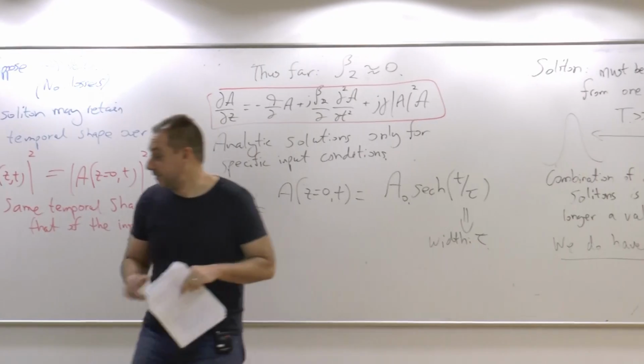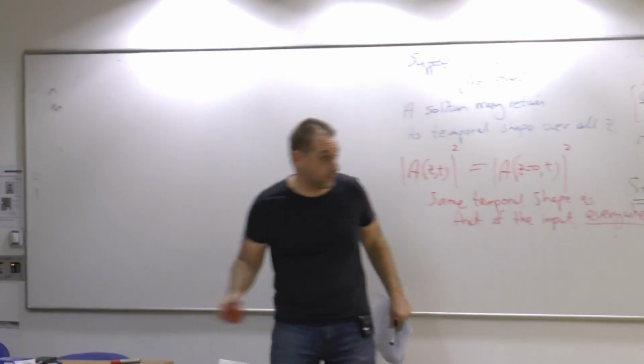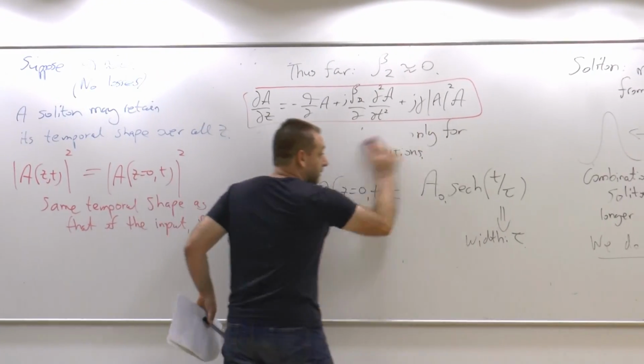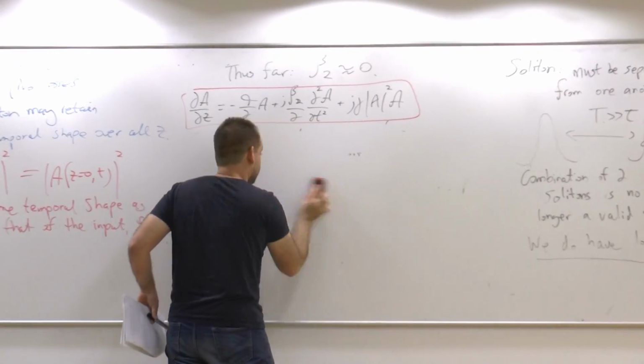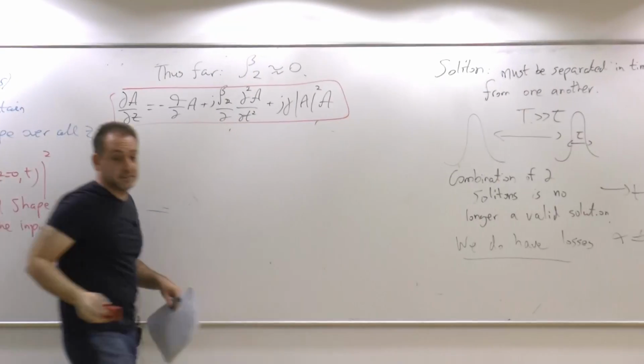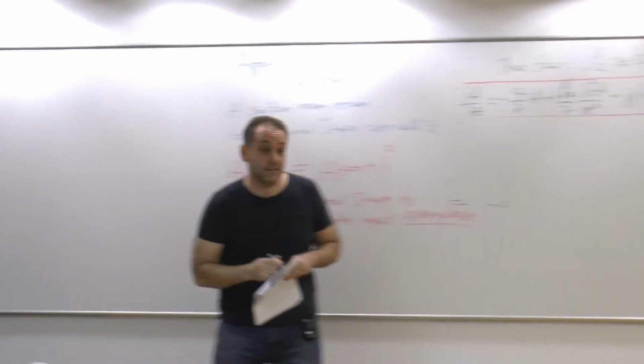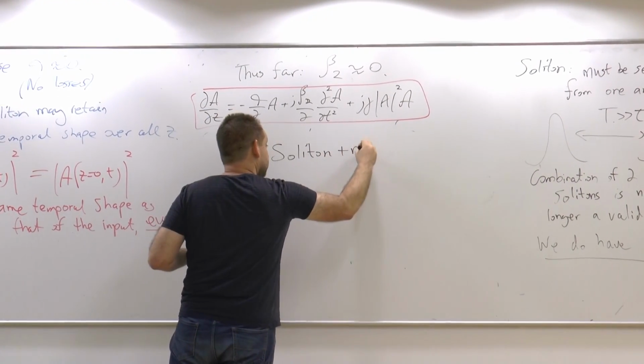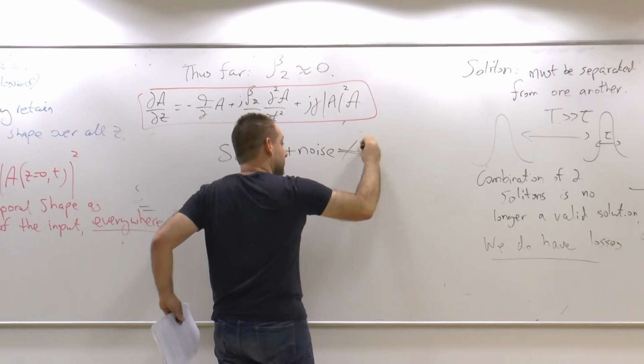And I can now write another famous soliton equation, almost as famous as this one. And it says the following simple thing: soliton plus noise is not a soliton.